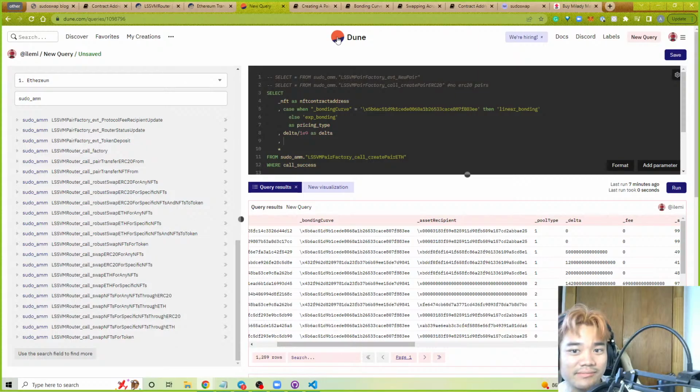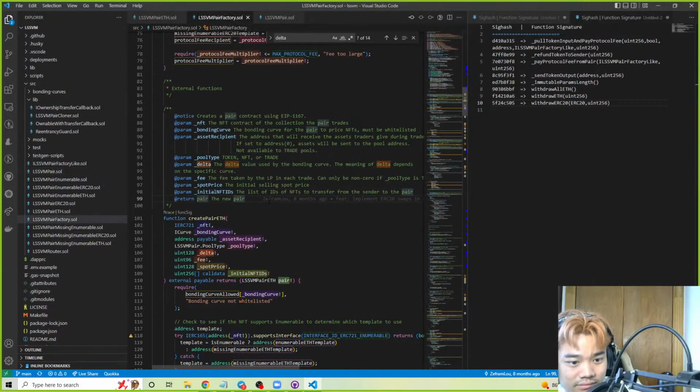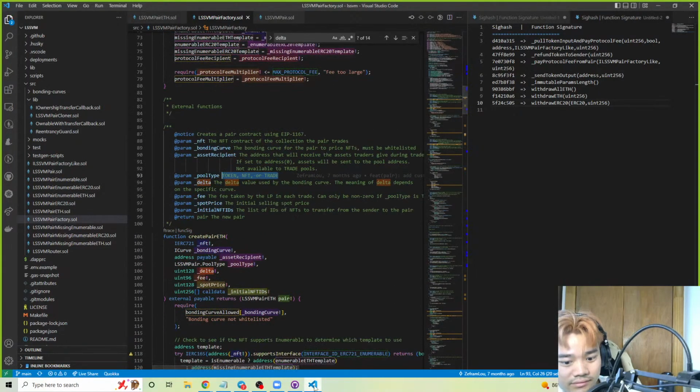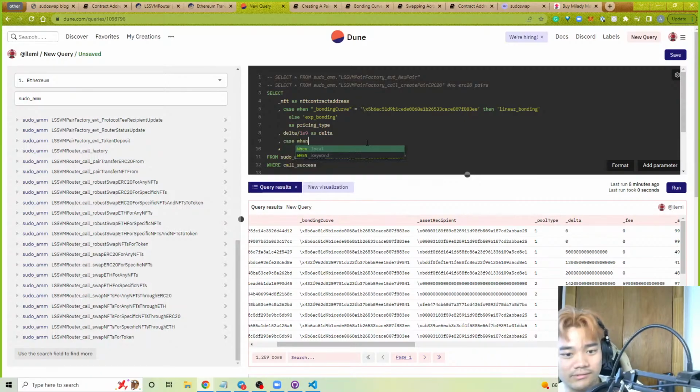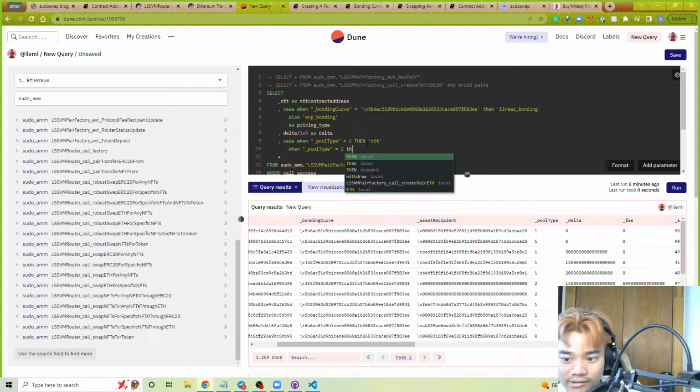All right, what's pool type? Pool type is token, NFT, or trade. So, case 1: pool type equals 1, then NFT. Pool type equals 2, then... Oh, this is wrong.